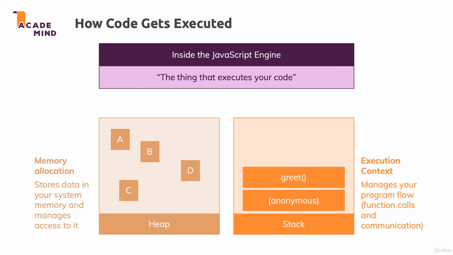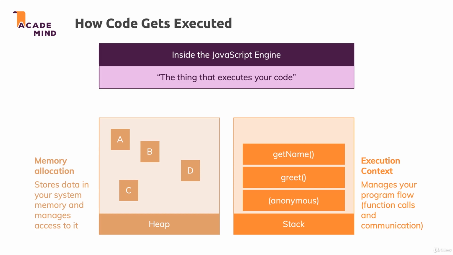So now the JavaScript engine pushes this getName function execution onto the stack. Therefore, it now knows this is the currently running function. It was started by the greet function, which in turn was started by this anonymous function, so by our overall script. This is how JavaScript, or the JavaScript engine, can also keep track of the relations of these function calls. So which function called what.